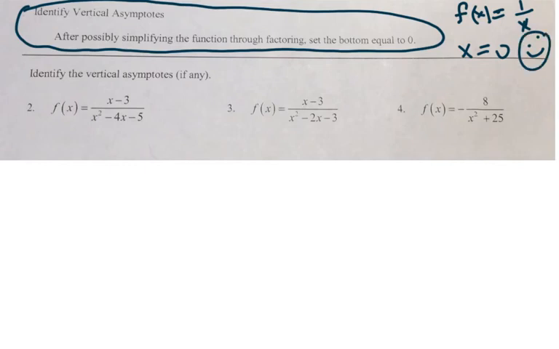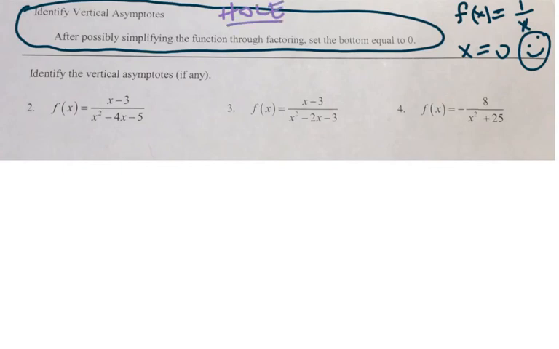So for each of these, we're going to identify the vertical asymptotes if there are any. Now, one thing to note here, and this is kind of weird, and we won't really go much into this, but I want to make sure you know this for your homework purposes. When it says after possibly simplifying the function through factoring, that means if I factor the denominator and something can cancel with the numerator, that gives us something that's called a hole.